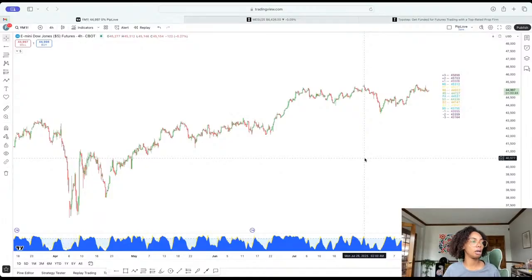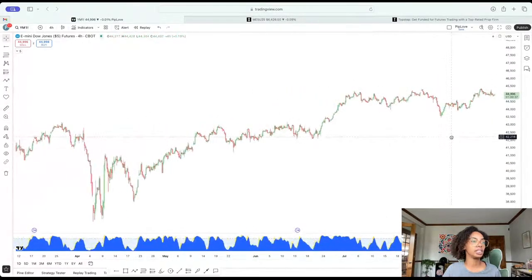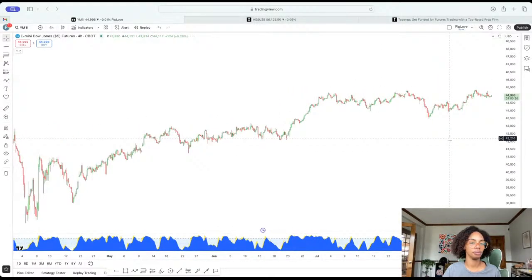If you can, drop these things in the chart. What's the overall trend on the 4-hour? Buying or selling? Up or down? Making significant higher highs? Yes.